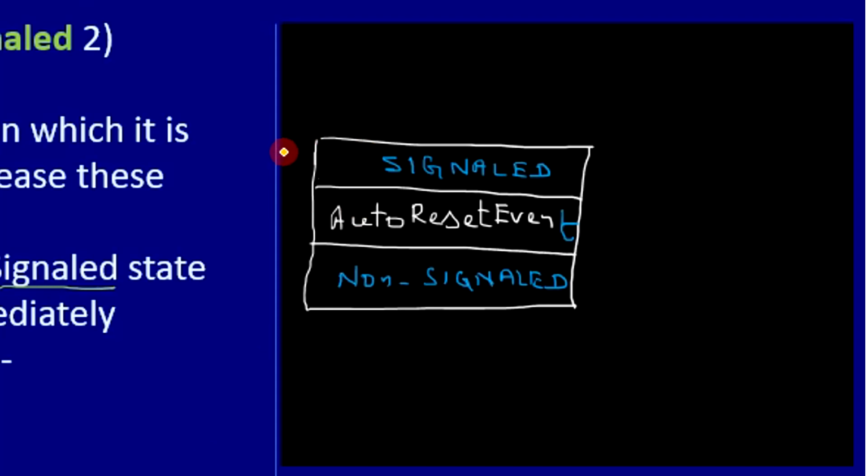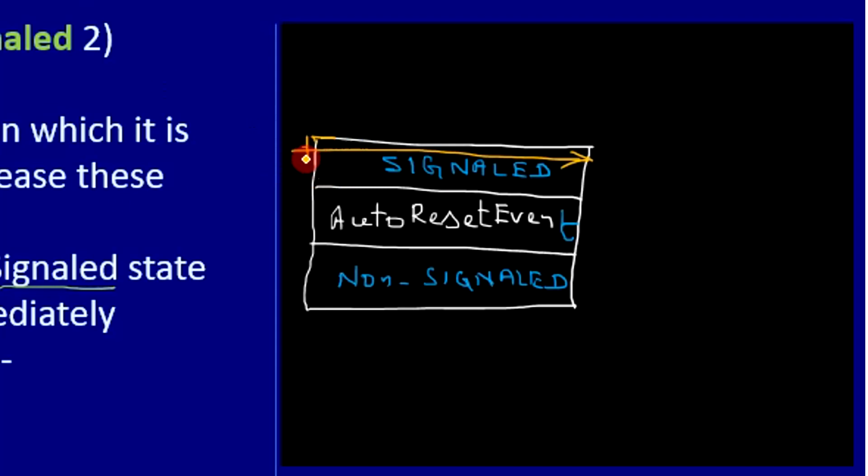So let's say there is a thread, and when it makes a call to the WaitOne method on this AutoResetEvent object, and during that time, if the object is in signaled state, the thread will go ahead with the WaitOne method.